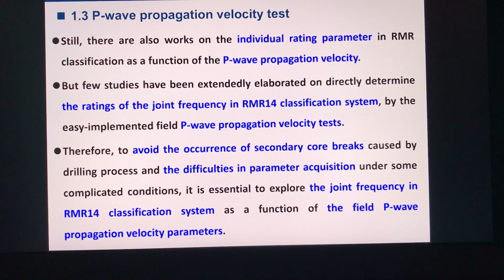Therefore, to avoid the occurrence of secondary core breaks caused by the drilling process and the difficulty in parameter acquisition under some complicated conditions, it is essential to explore the joint frequency in the RMR 14 classification system as a function of the field P-wave propagation velocity tests.